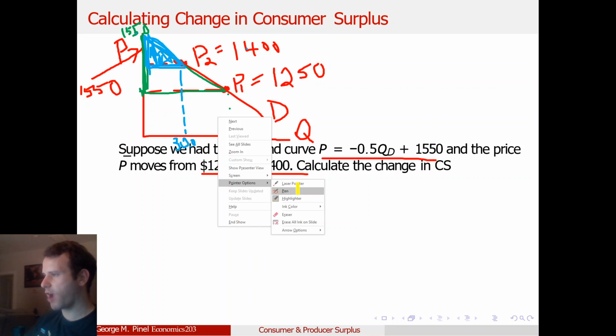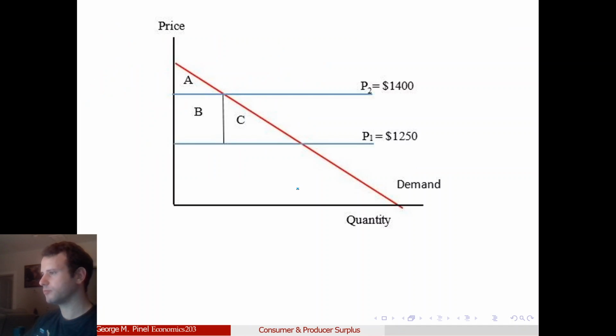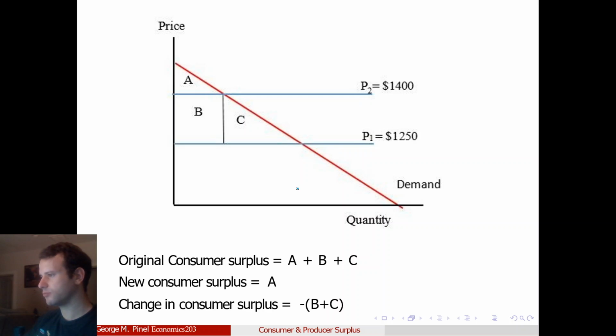Do the graph, even if you don't need it, it's helpful. Okay. So the new surplus is A, and the change in surplus is B minus C, or negative B plus C, I should say. And that's just another way of representing it graphically with a much neater graph.